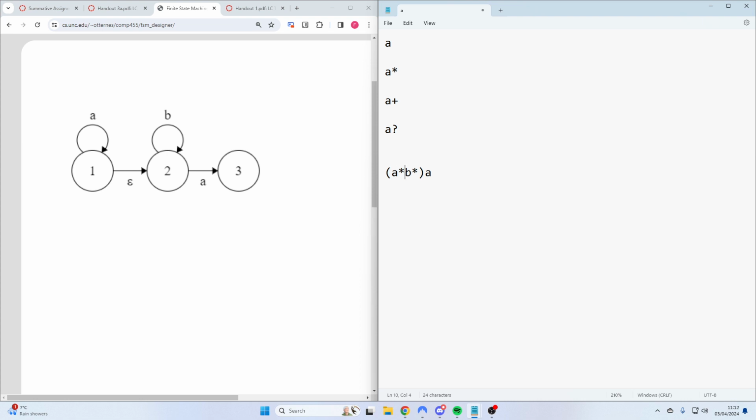Yeah, I think that's epsilon. So any amount of A's, and then once we're done with that, we can move on to here. Any amount of B's, and then just an A. So if we introduce a star, we can do this bit any amount of times. So we could just loop back to the start.